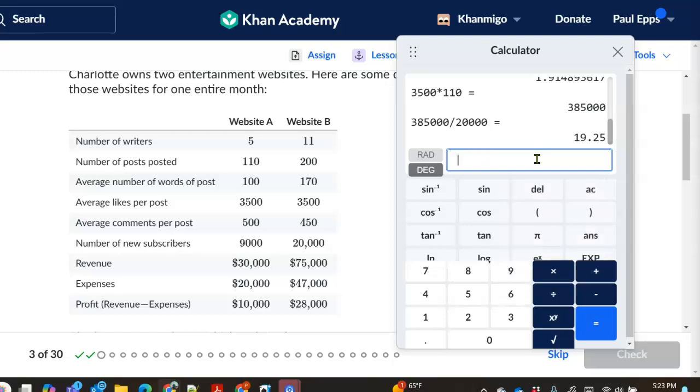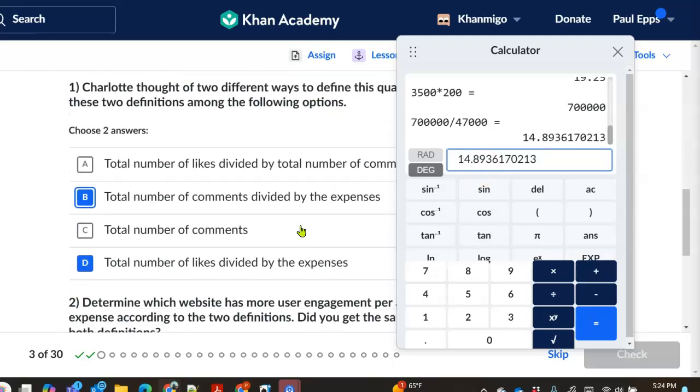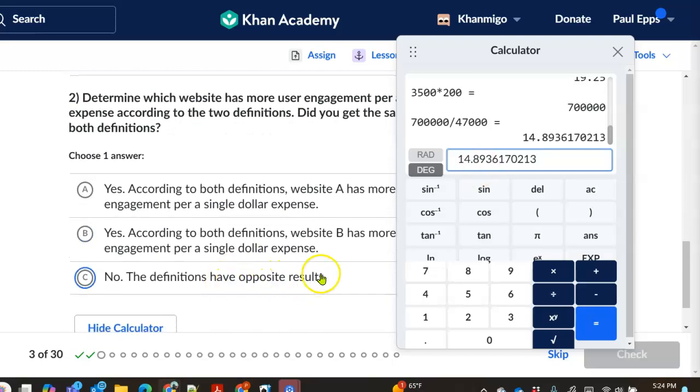Can website B beat that? Likes per post, 3,500 times 200 divided by the expenses, which are quite high. No, it's no good. So website A is the winner on both accounts there.